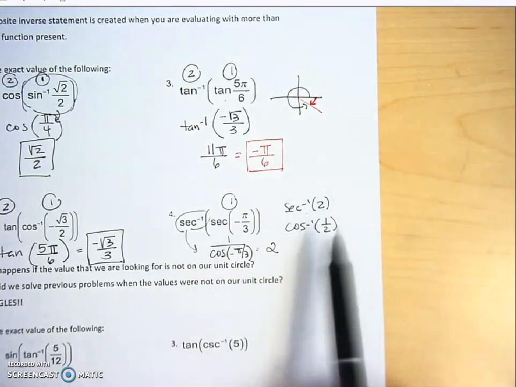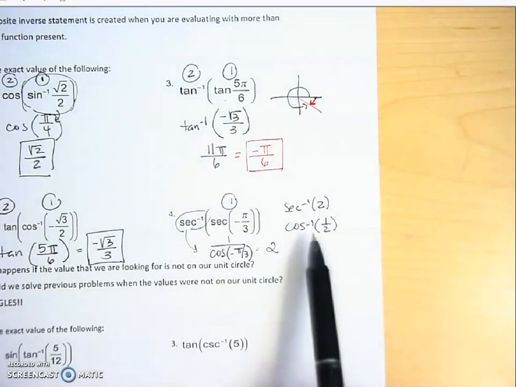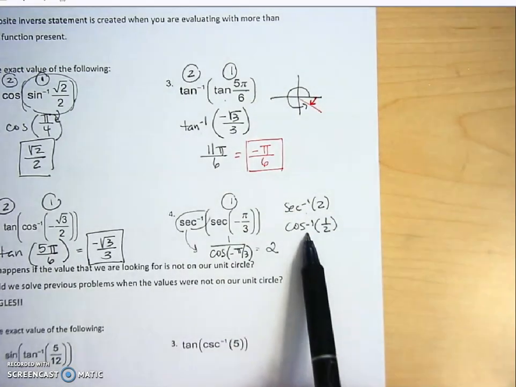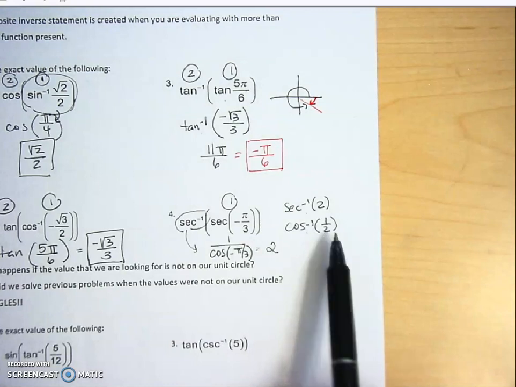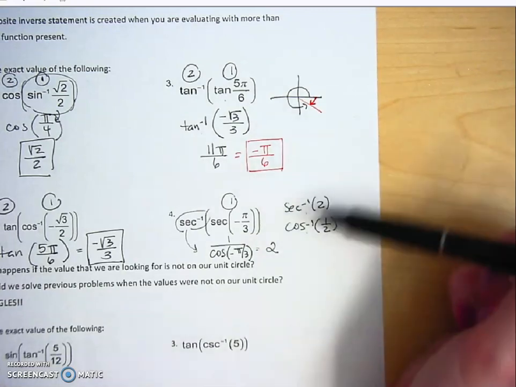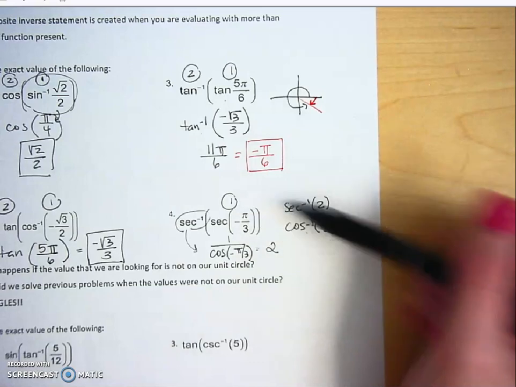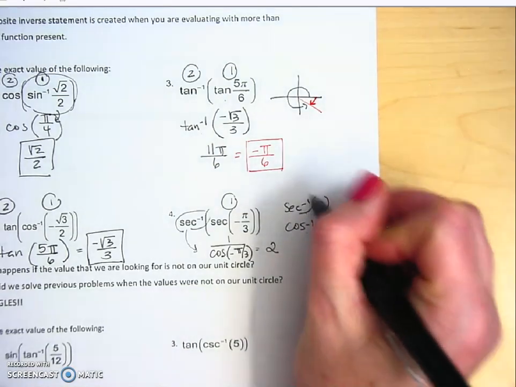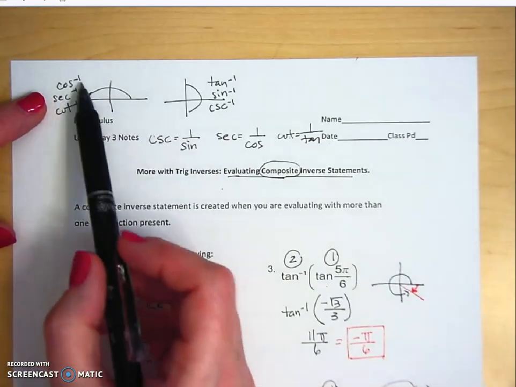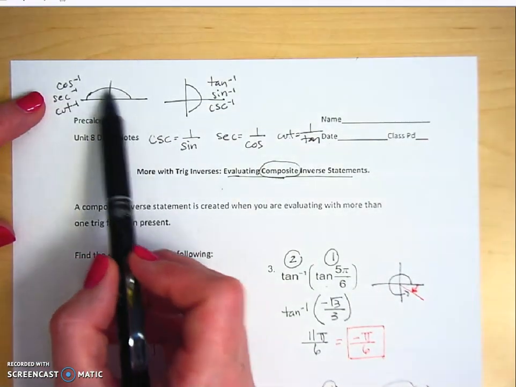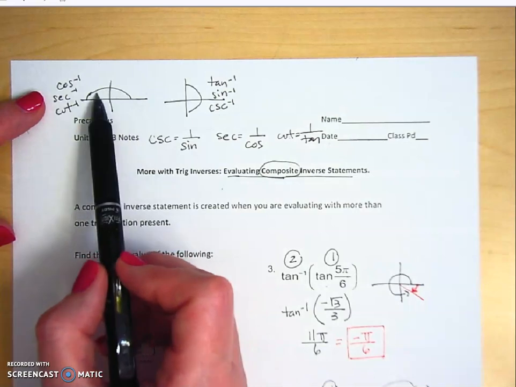So now I'm trying to figure out which angle has a cosine value of 1/2. And that's in my domain restriction. And we are going to be using the domain restriction for inverse secant, which happens to be the same as inverse cosine. So our answer needs to be in one of these two quadrants.